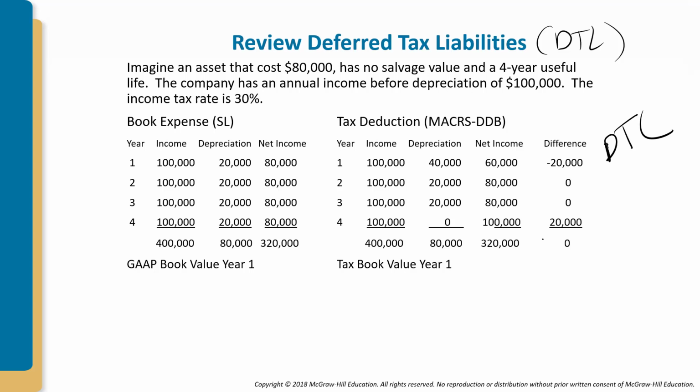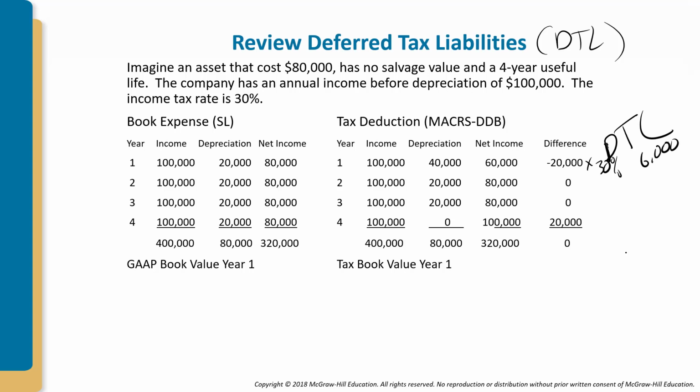So for this $20,000 difference, we're going to record a deferred tax liability, not of $20,000. That $20,000 is a difference in income, okay? The deferred tax liability is 30% of $20,000, okay? By paying on $20,000 less income at 30%, that's $20,000 times 30%, we're going to record a deferred tax liability of $6,000.